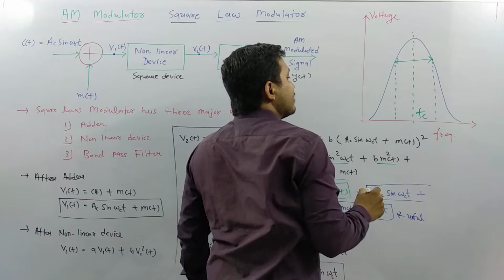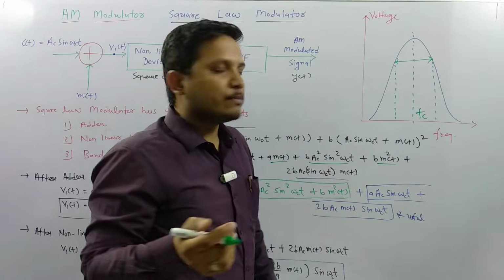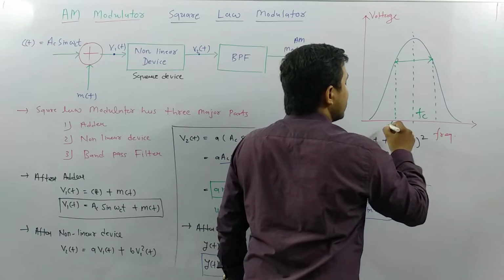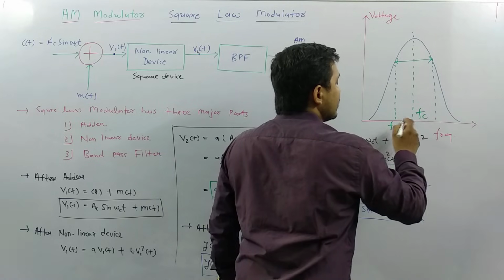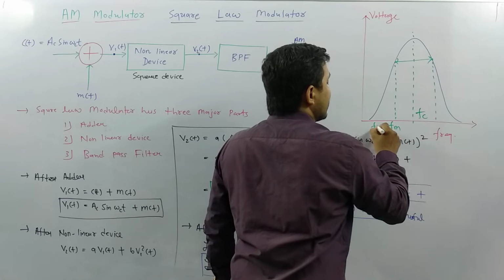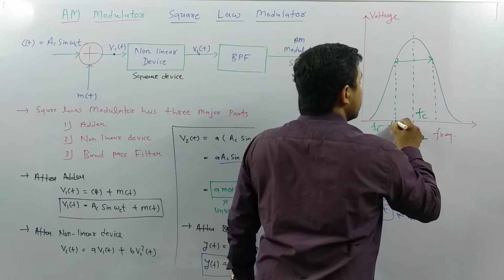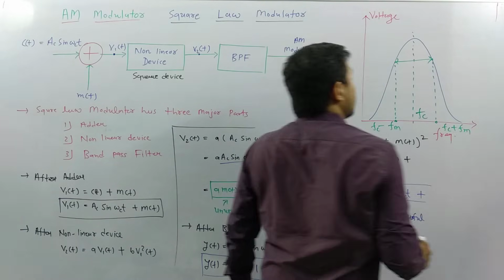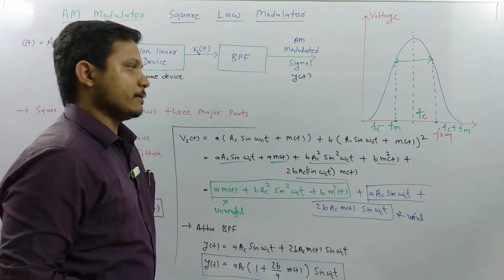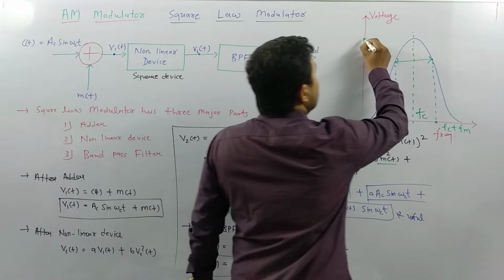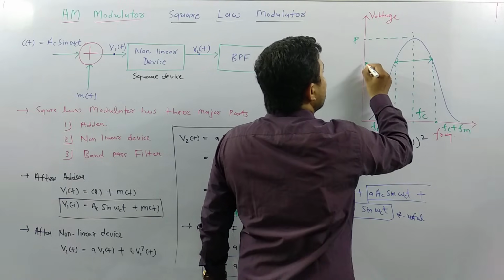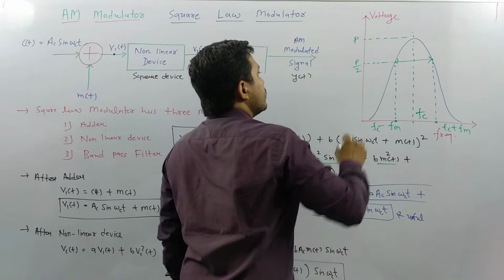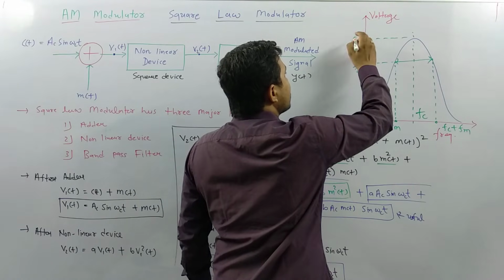In this direction it is fm, so this point is fc minus fm, and this point is fc plus fm. That is how its response is. If this is the maximum power P and this is P by 2, or in terms of voltage this is V and here it is V by root 2, then this will be the response of the band pass filter.